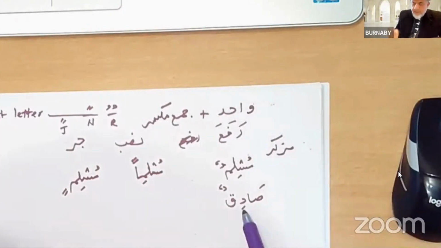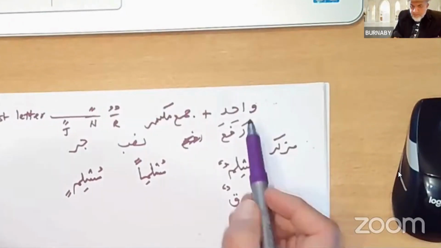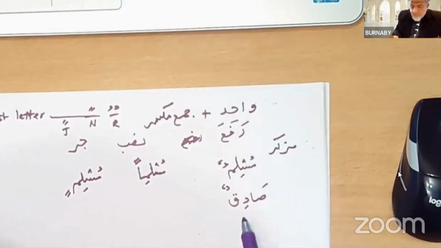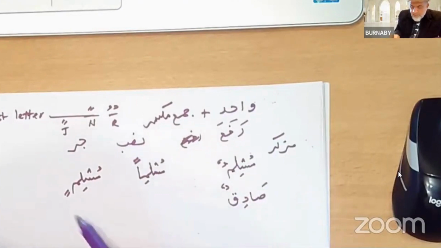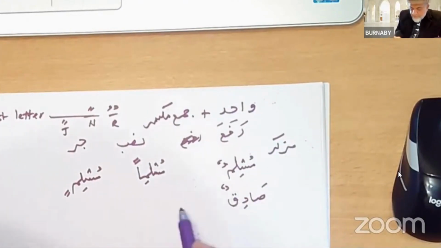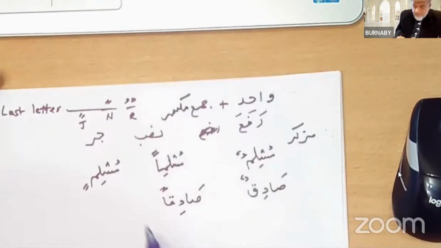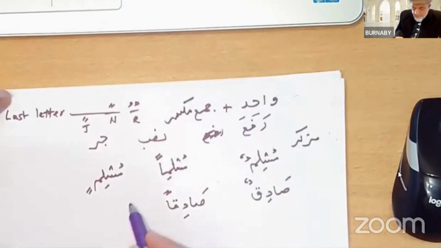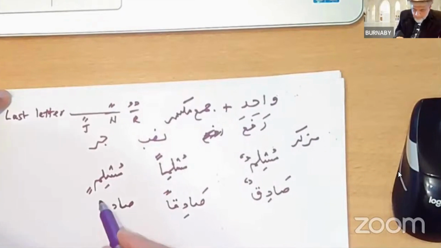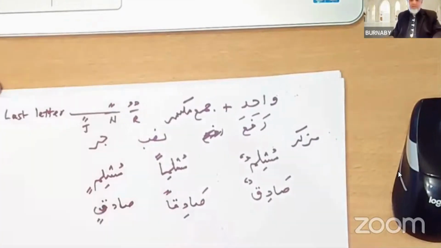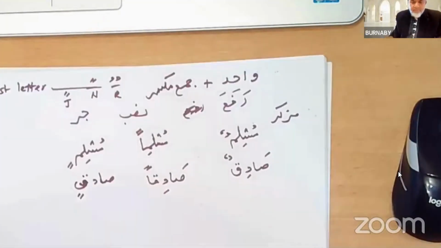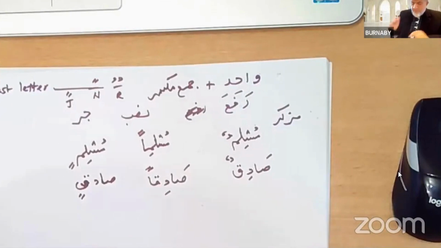Yes. So we said in the singular category, you take the last letter. So what will be the Nasab? Sadiqan. What will be the Jar? Sadiqin. Everybody agree with Sister Amirun Nisa? Yes. Okay, good.